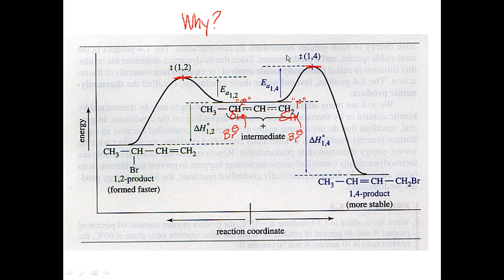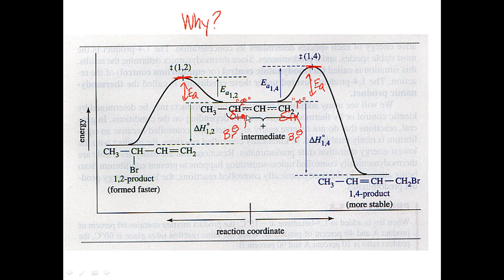That gives a higher transition state energy. And of course, what does that mean? That means that the activation energies here are different. And the activation energy to form the 1,4 product is higher than forming the 1,2.